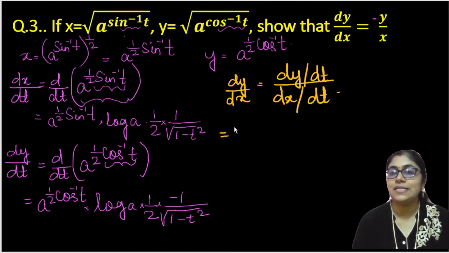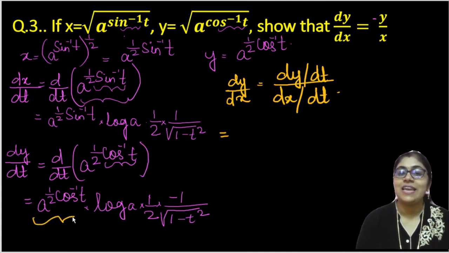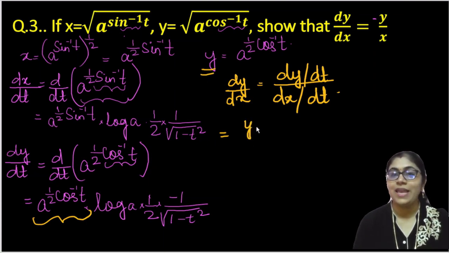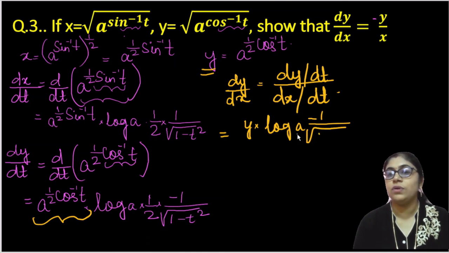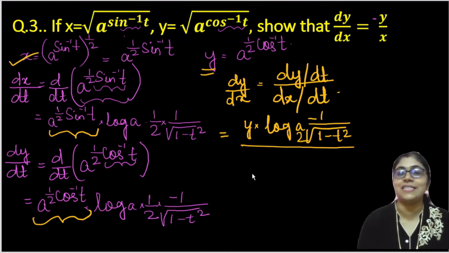So this is equal to a to the power 1 by 2 cos inverse t. Instead of a to the power 1 by 2 cos inverse t, we can write y here. This is equal to y into log a into minus 1 by 2 square root of 1 minus t square, and this divided by, instead of a to the power 1 by 2 sin inverse t, we can write x here.